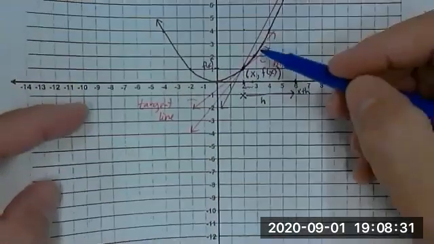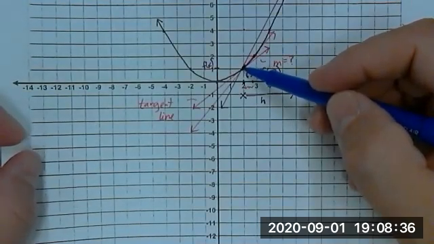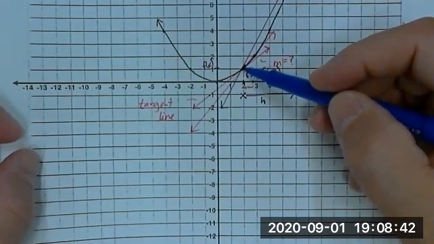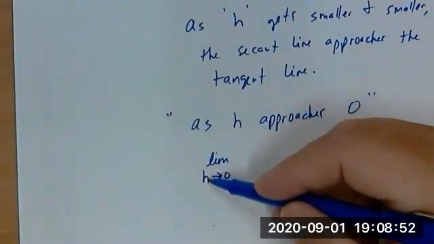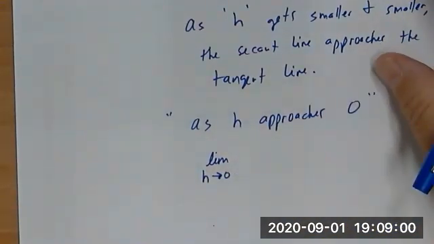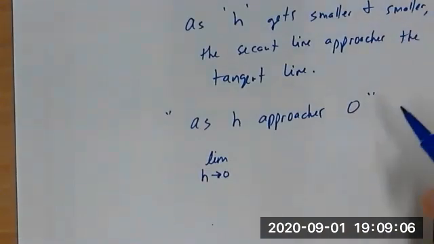Because if h ever equals 0, then the two points are on top of each other, and then you cannot do your slope calculation. So the two points have to be separated, but I want them separated by as small an amount as possible. In fact, I want the horizontal, run distance between those two points to almost be 0. So this is really what we're trying to make happen.